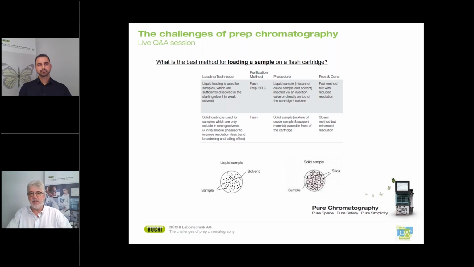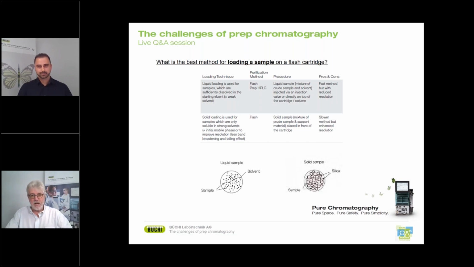The first one is the easy one. If you have a liquid, just inject the liquid directly onto the cartridge that you use on the system. Now, you have to be a bit careful there, because we often hear that people don't really take into account that there might be solubility problems.